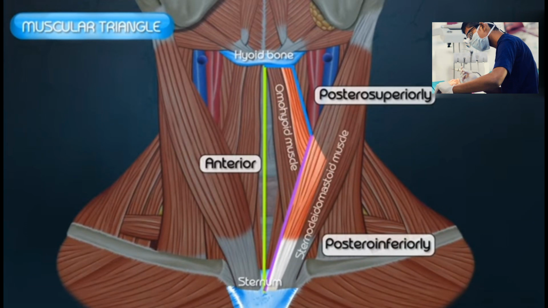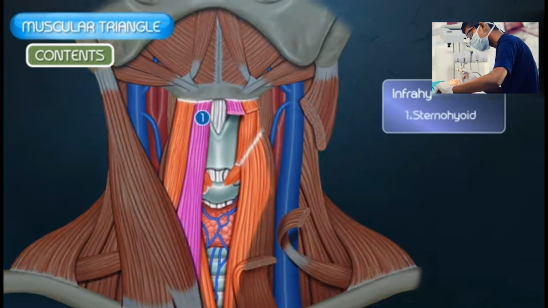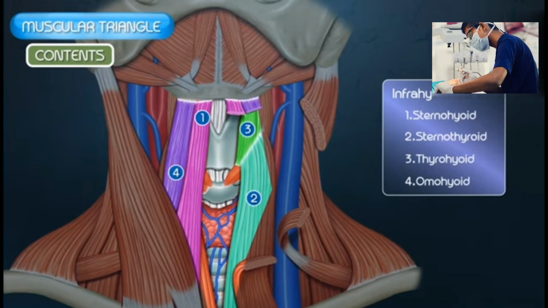Now let's move to the contents. The contents of the muscular triangle are mainly made up of infrahyoid muscles. They are sternohyoid, sternothyroid, thyrohyoid and omohyoid muscles.